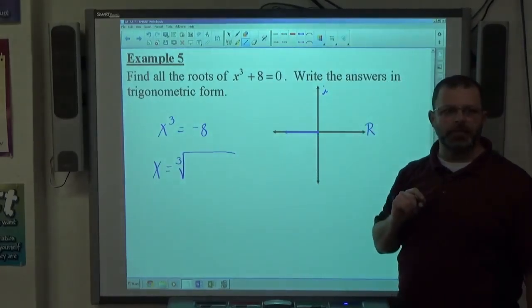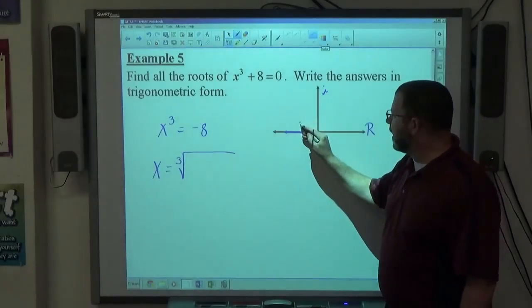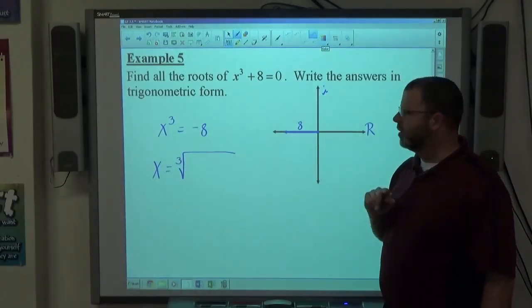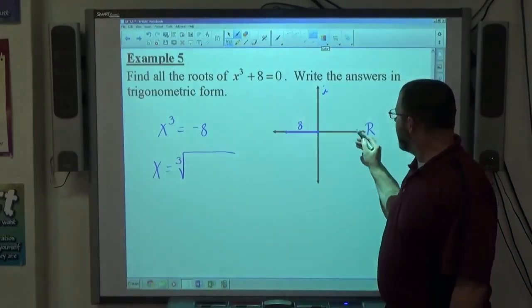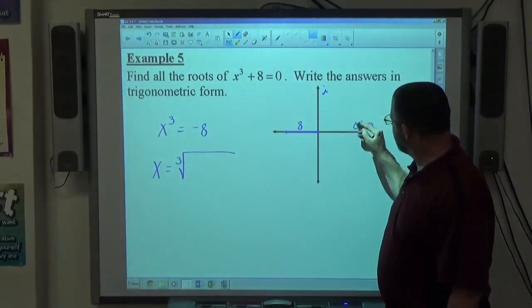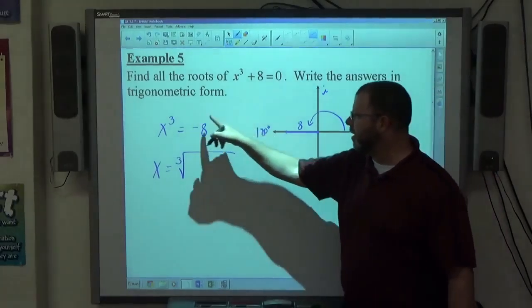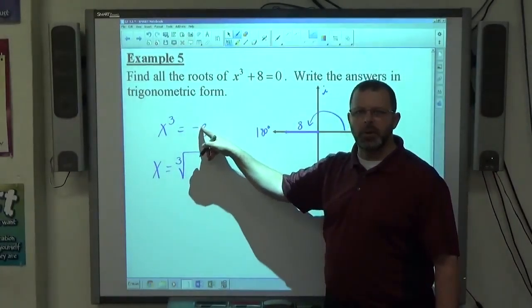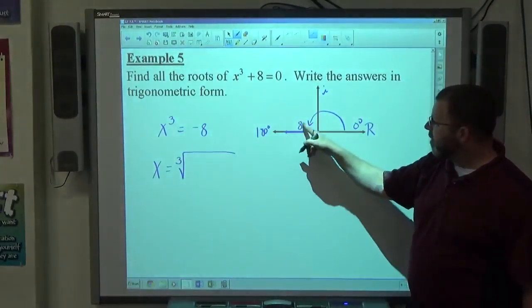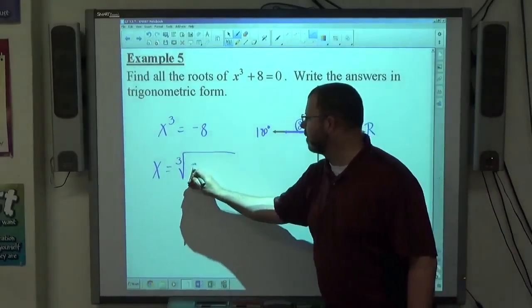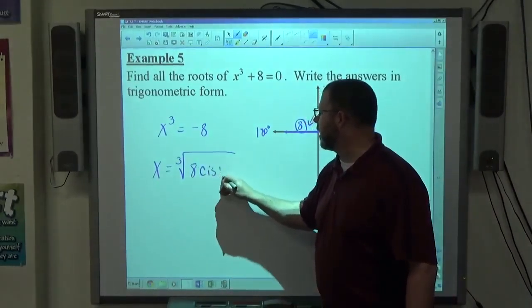It goes straight left, exactly 8 units to the left. So the length of it is 8. And the angle, if this is 0 degrees and we go counterclockwise, this right here is 180 degrees. So if I want to convert this standard form number into trigonometric form, the magnitude is 8 and the angle is 180 degrees.